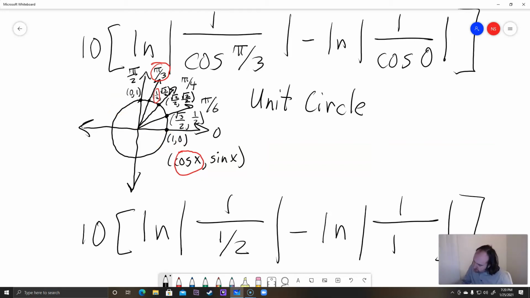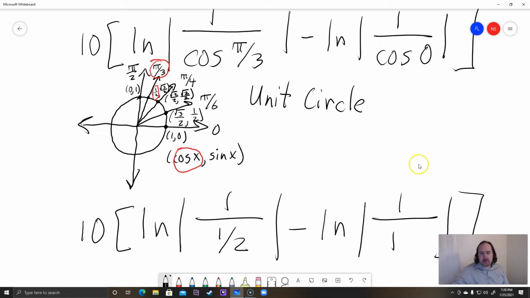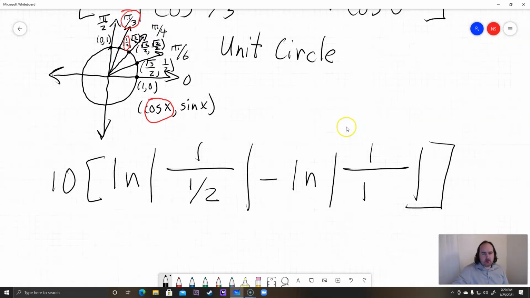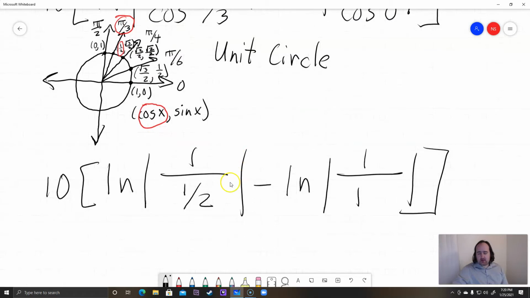So we have 10 times natural log of absolute value of 1 over 1/2 minus natural log of 1 over 1. And 1 divided by 1/2 just flips it over. So we take the reciprocal.